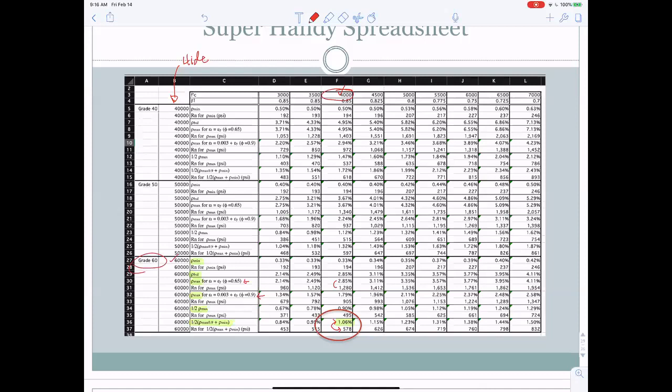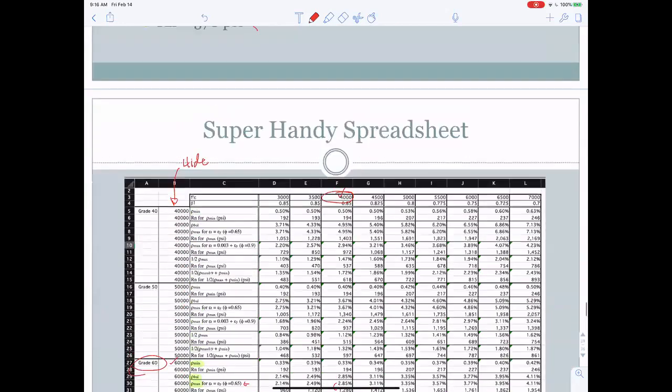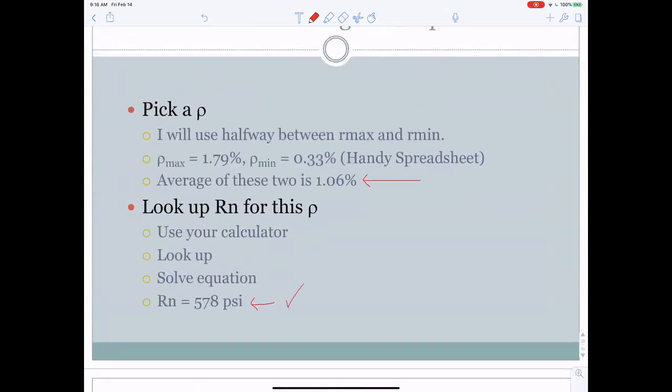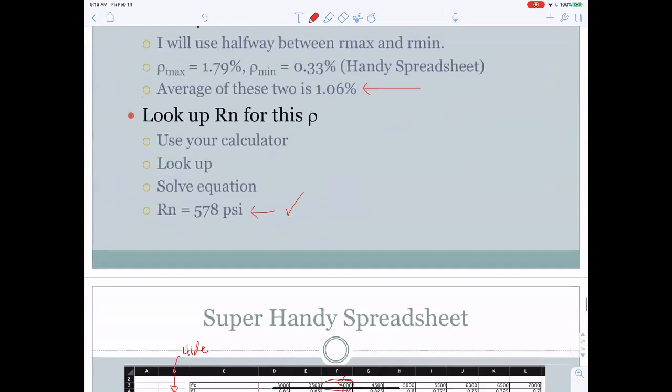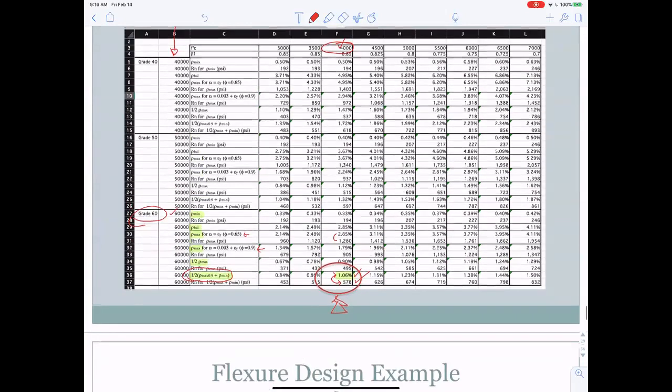And this is your choice, but I'm going to pick halfway between max and min. And that's my rho and my Rn. So you don't even have to calculate Rn. You just have to read it off, 578 psi. And so that's where this comes from. So for the super handy spreadsheet, all you do is you pick your f'c and fy. You come here and you go, oh, 1.06%.